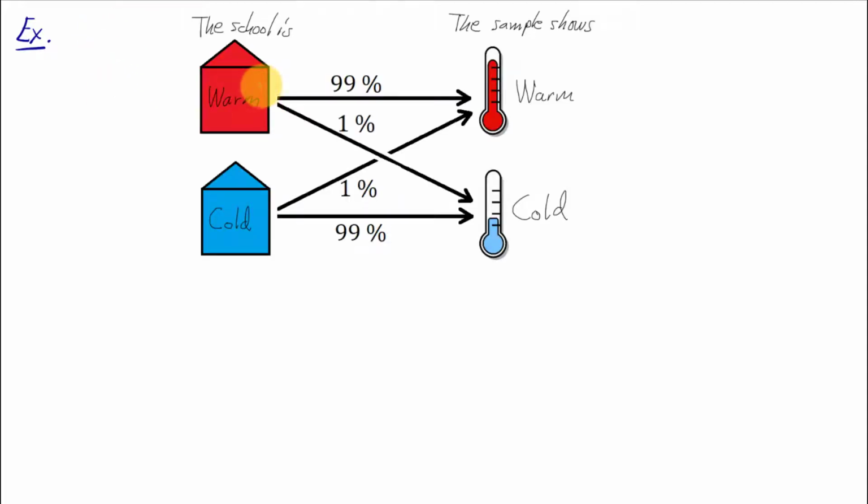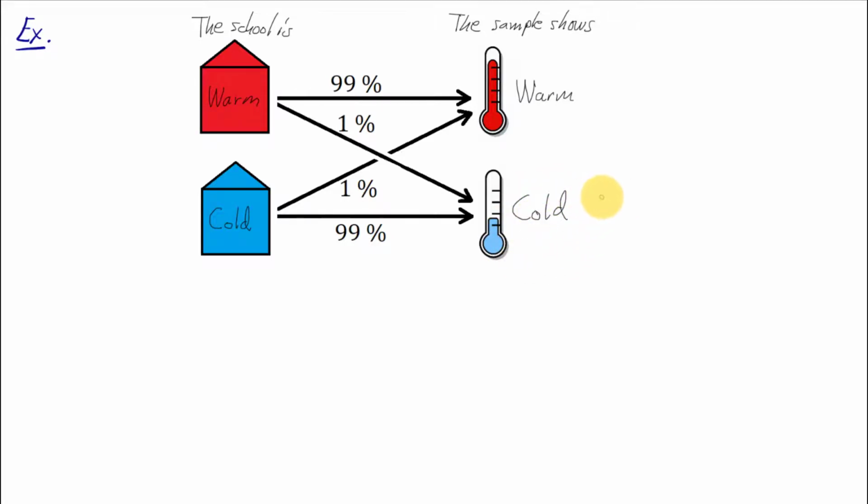Let us look a little bit closer at what the p-value really tells us. So assume that we have the situation in this figure. Given that the school is warm, the probability is only 1% that the sample shows that the school is cold. And if the school is cold, then it's 99% likely that the sample shows that the school is cold.